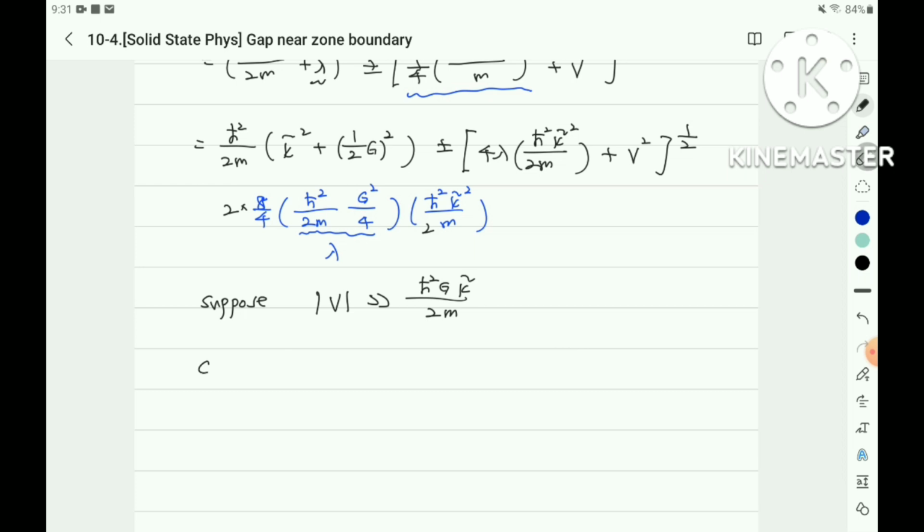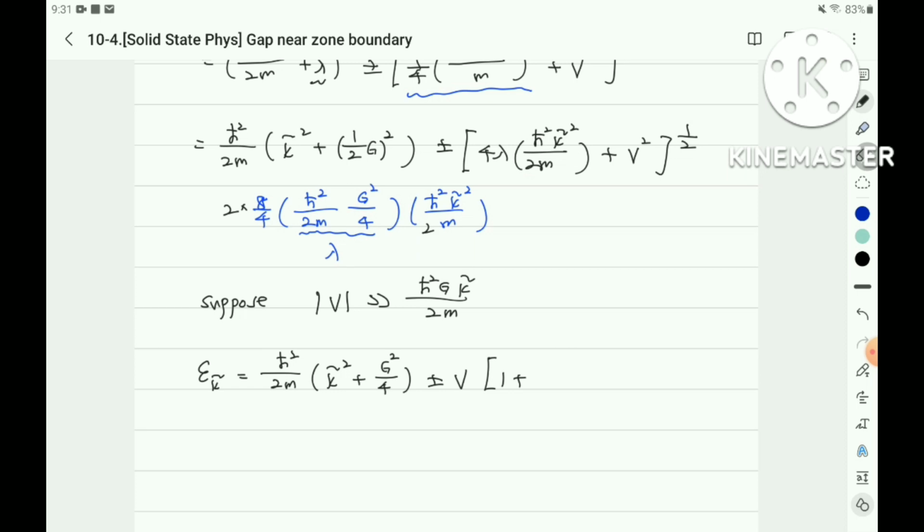Then epsilon k tilde has h bar square over 2m k tilde square plus g square over 4, plus minus v, then 1 plus one half in the approximation, because the v is very high and v is extracted outside, and also one half can be multiplied by this term because this term is very small.